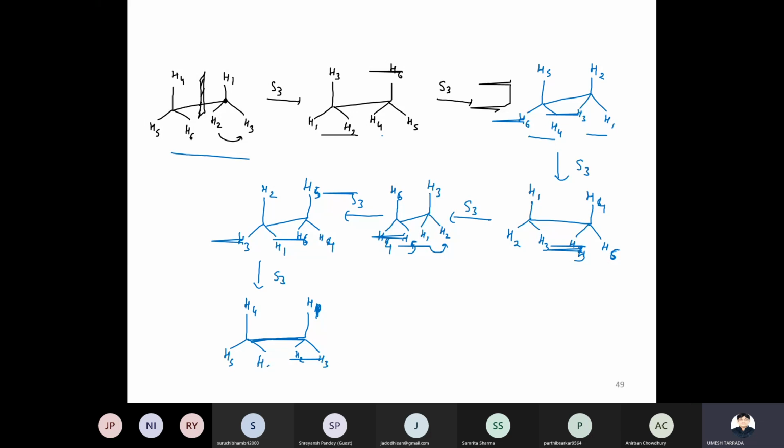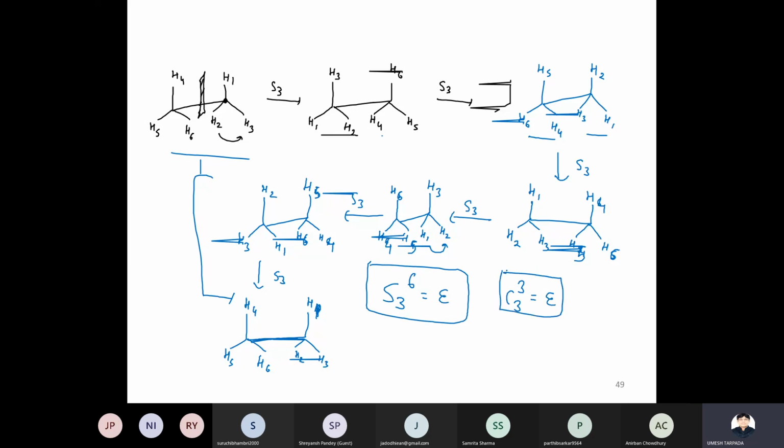Now these two are equal, see, the original structure and these are equal, so you can say that S3 raised to 6 is equal to E, or you can have C3 raised to 3 is equal to E. Now is it clear? Up to here it is okay?